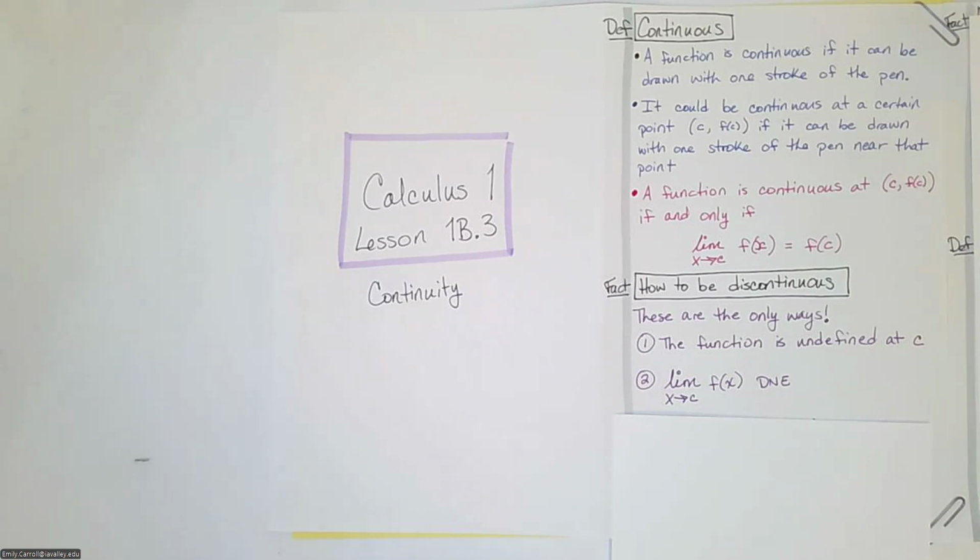If the limit doesn't exist, technically you could have the function value be defined, but still have the limit not exist. Or any other situation where the function value and the limit do not agree.